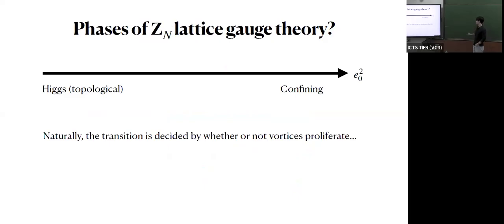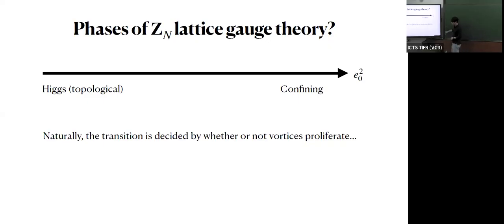Now, what are the phases of Zn lattice gauge theory? At very weak coupling, any non-trivial configuration of the gauge field is highly penalized. Basically, you're only allowed to have flat configurations. This is the Higgs phase, or topologically ordered phase.